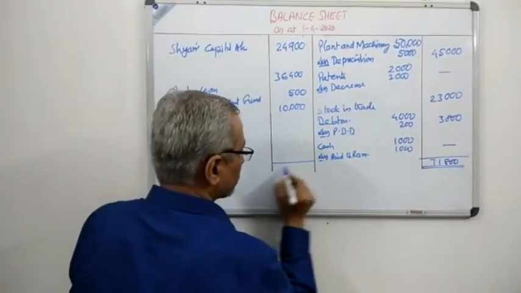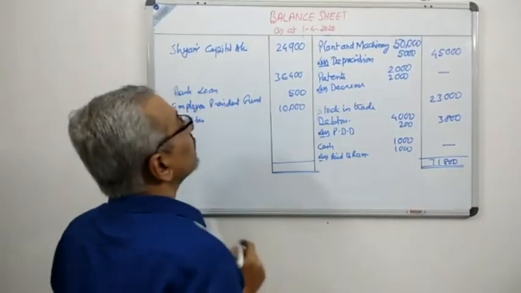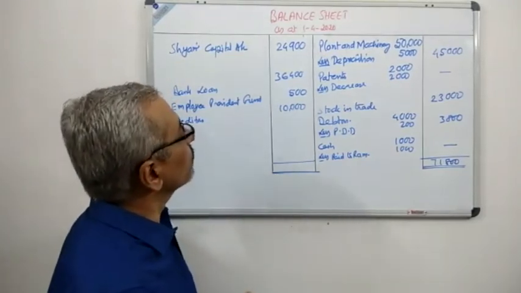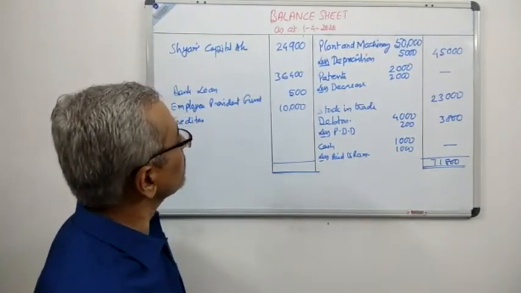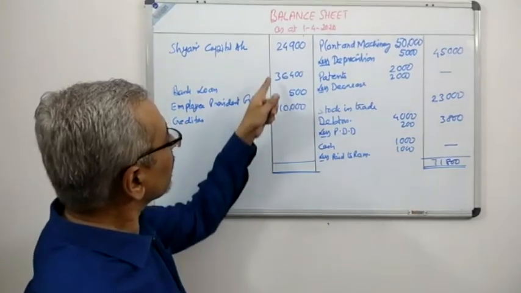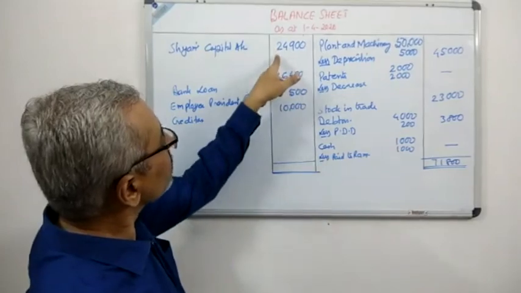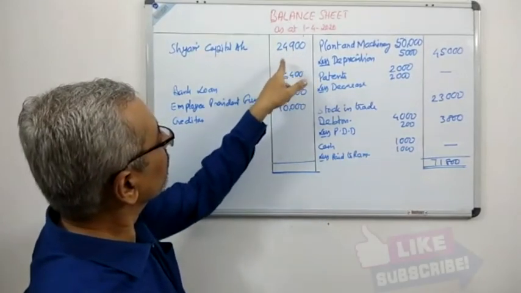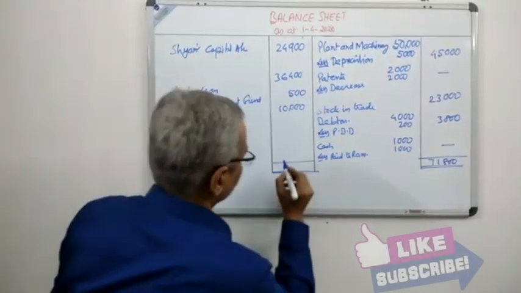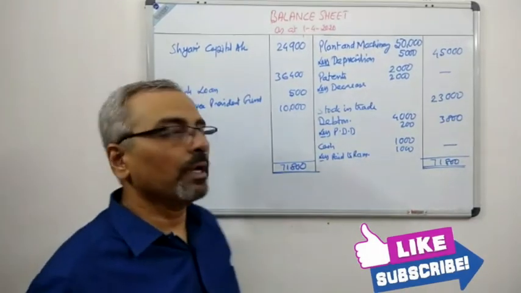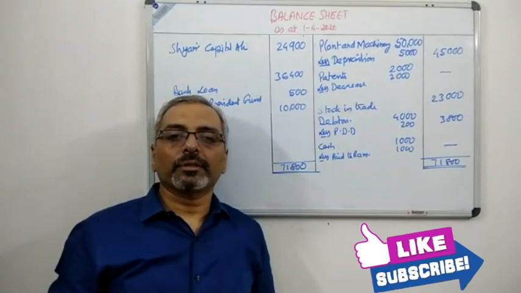Let us see if the same total is coming in the liability side. 24,900 plus 36,400 plus 500 plus 10,000. So over here we are getting 46,900. 46,900 plus 24,900 gives us 71,800. So the balance sheet tallies at 71,800.